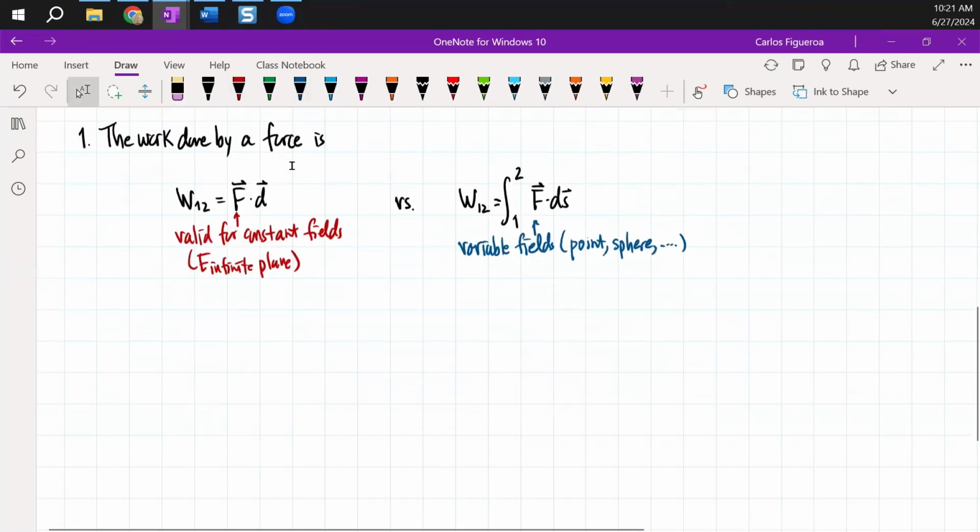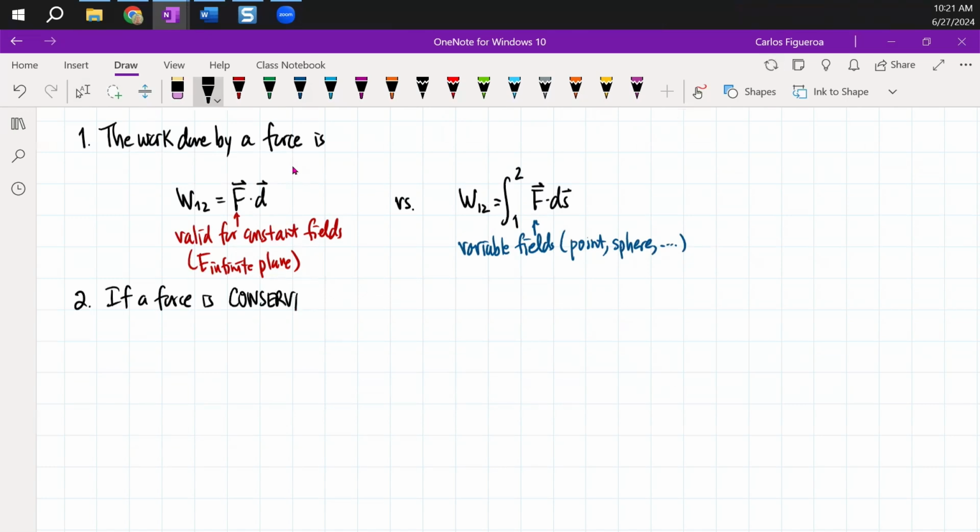The second point, which is the most important one, is 2. If a force is conservative, then the work done has these behaviors or properties.